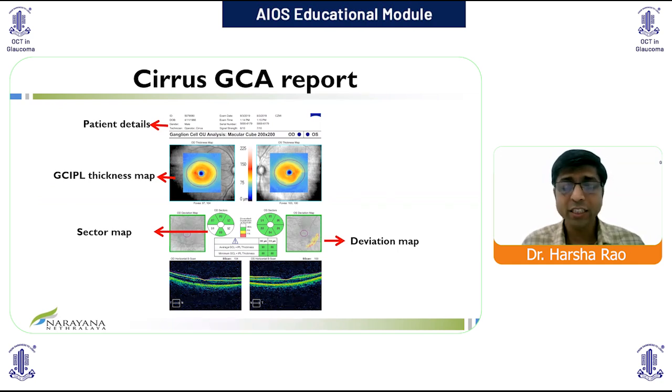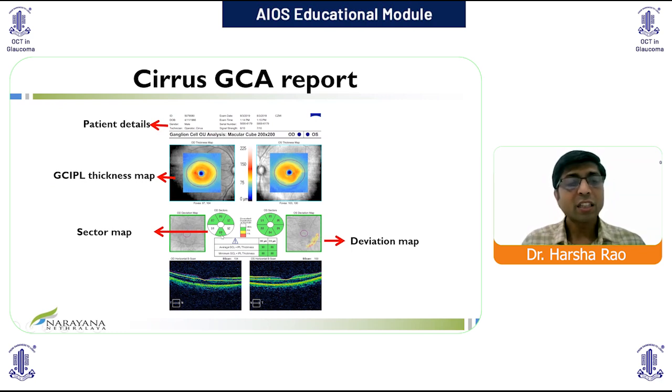And all of these regions, the sector map and deviation map, are color-coded to represent how similar or how different the patient's or the subject's thickness here is compared to the age-matched normative database. And as you all well know, the white here represents that the GCIPL thickness in this sector is thicker than 95% of the subjects in the normative database.